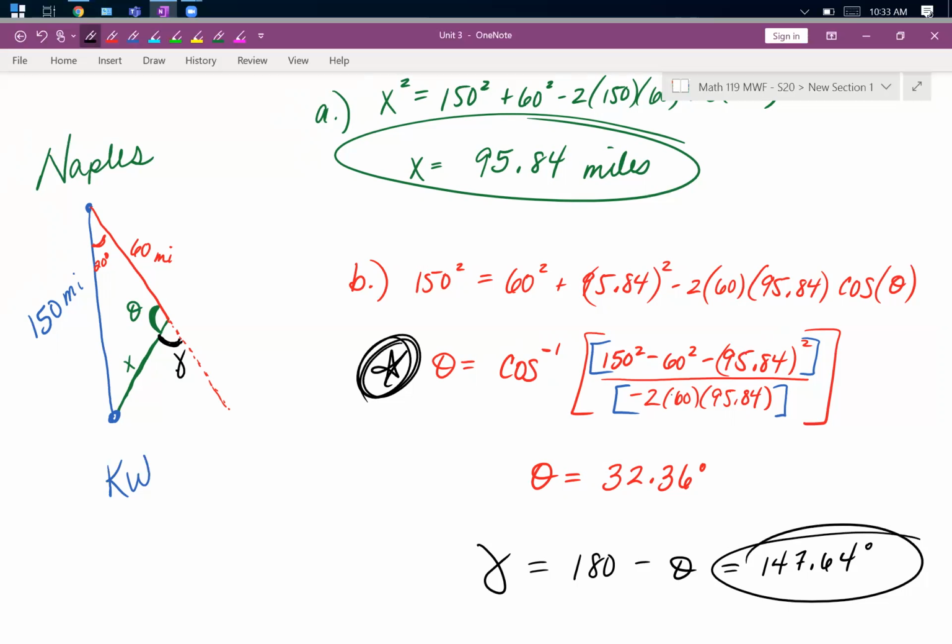It's weird. I'm going to think about that in the back of my brain while we keep going. My calculator did the same thing. I don't know if I plugged it in wrong. I did law of sines and I got the 32.36, but then I did it the way you guys did and I got the 147.